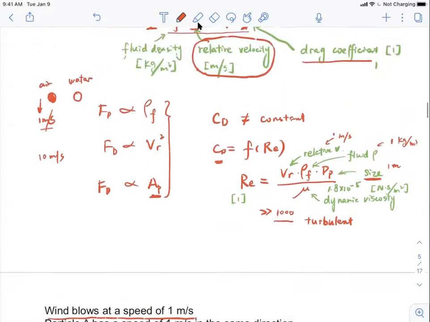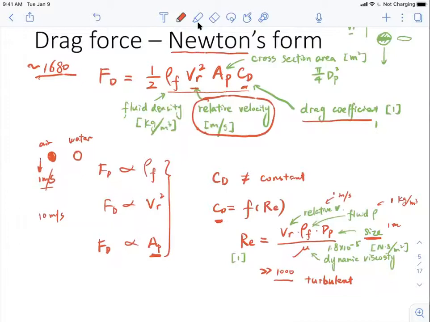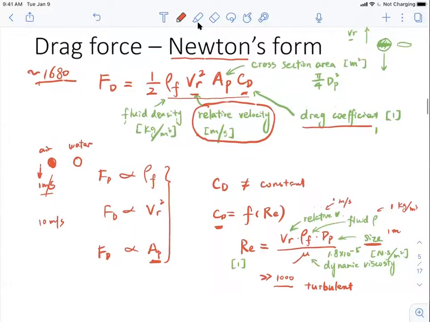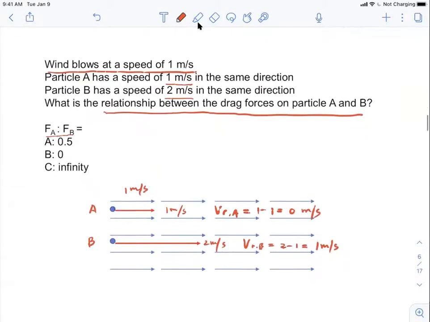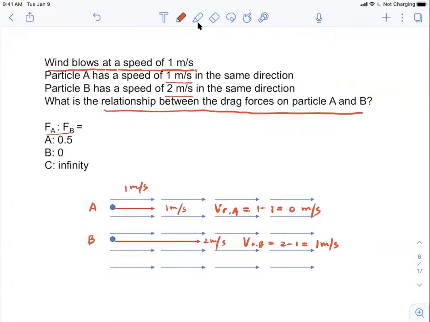When you plug the relative velocity into the drag force equation, you see that for particle A, the drag force should be 0, right? It's just like the example we gave: let's say we run outside at a speed of 1 meter per second while the wind is blowing at 1 meter per second. Then in that situation, we will not feel any drag on our body, right?